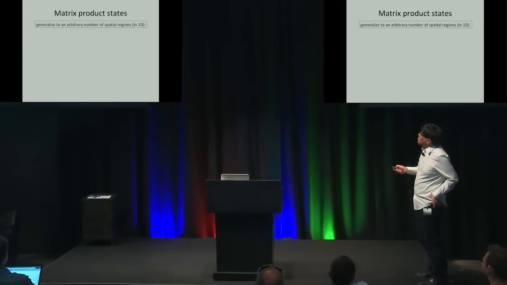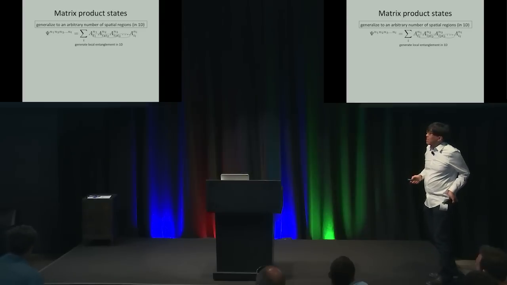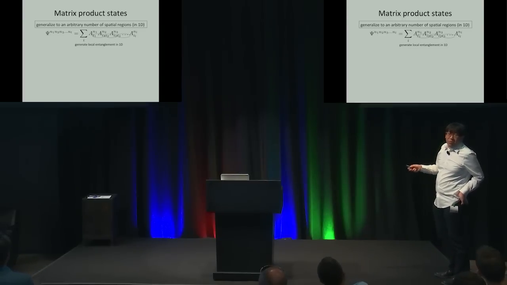So I can generalize that to arbitrary regions. Let me now not just have 3 regions, but an arbitrary number of regions, L regions. And now this complicated wave function is again written as a product of probabilities that are all coupled together in this local way. Usually, this is a formula with lots and lots of variables and indices, and it's tricky to write out all the time like this.